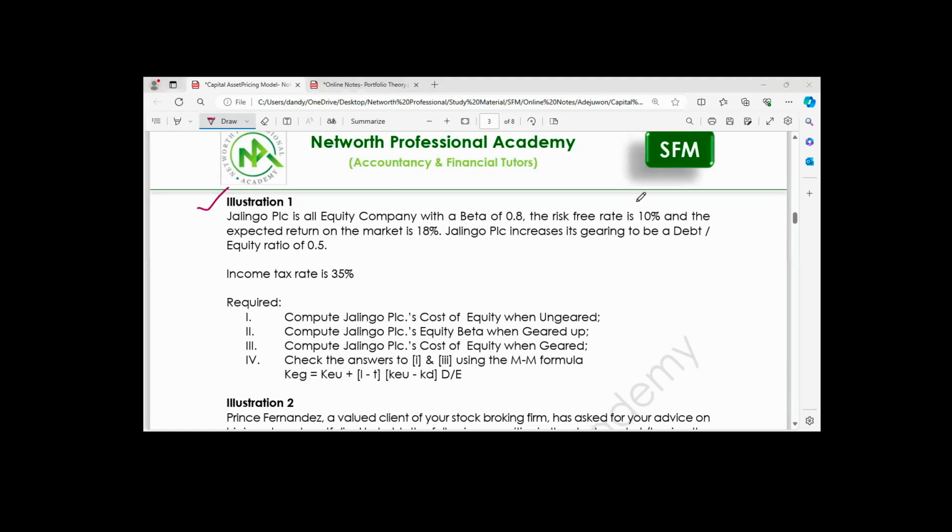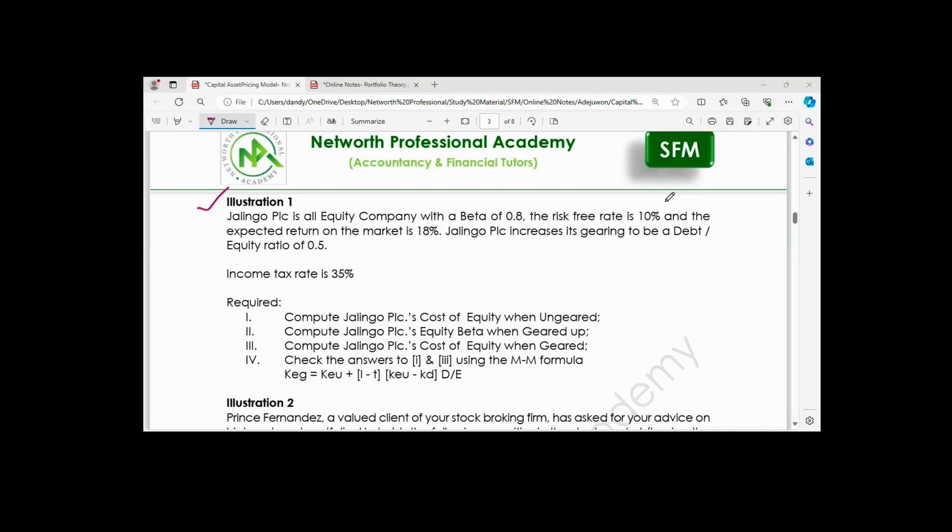Jalingo PLC is an all-equity company with a beta of 0.8. The risk-free rate is 10% and the expected return on the market is 18%. Jalingo PLC increases its gearing to a debt-to-equity ratio of 0.5. Income tax rate is 35%. Required: 1.